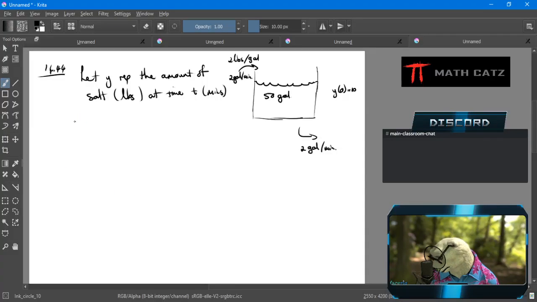So I'm going to keep track of the net rate of change, which is going to be equal to the rate of change coming in minus going out, the rate of change of the amount of pounds of salt. So that's going to be dy dt, and my units will be pounds per minute.